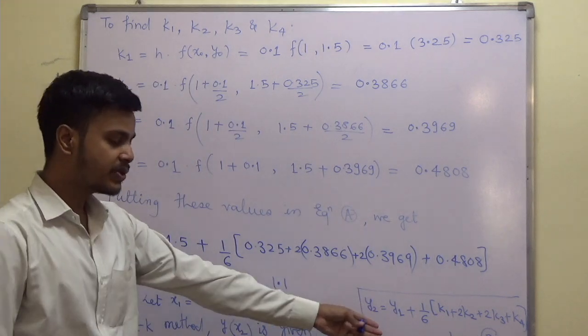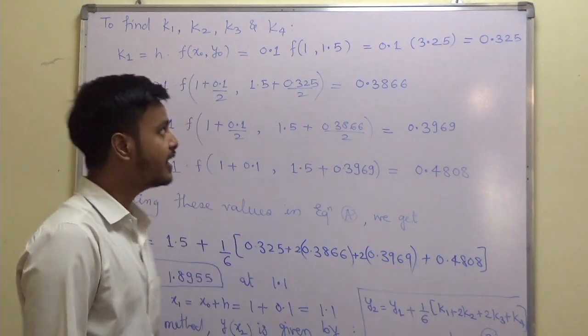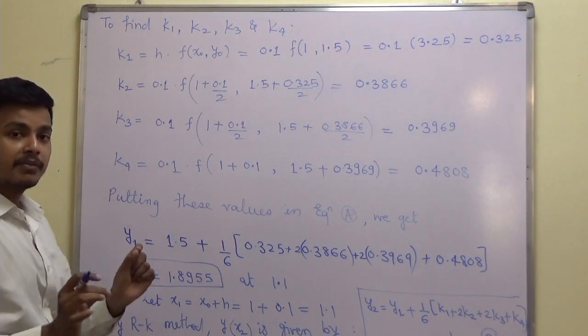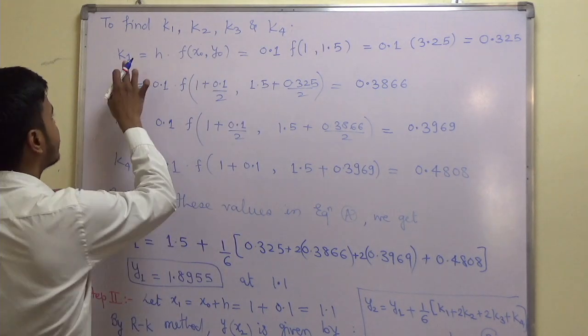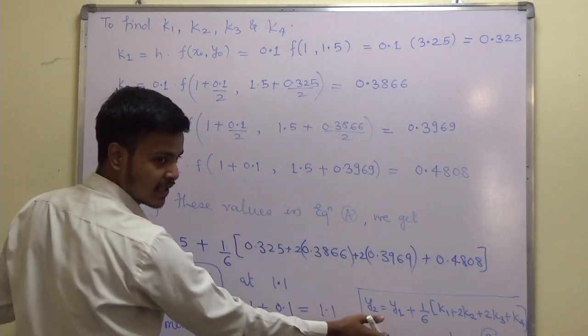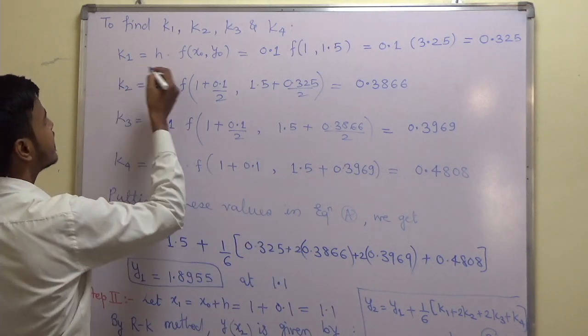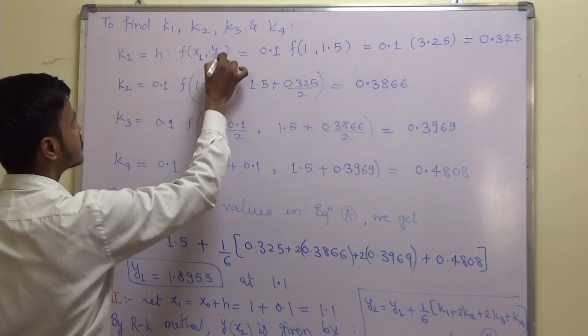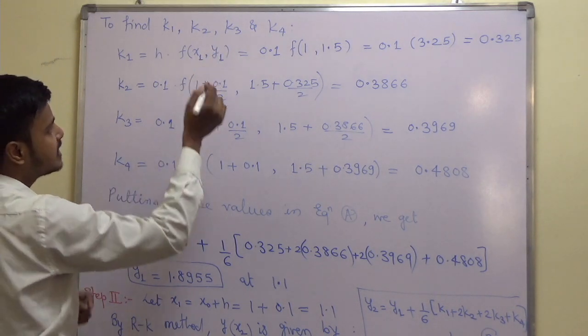Now my objective is to get k1, k2, k3, k4. So I will write them again, but with a slight change. My k1 would be h into f of x1, y1. So just increment the suffixes.